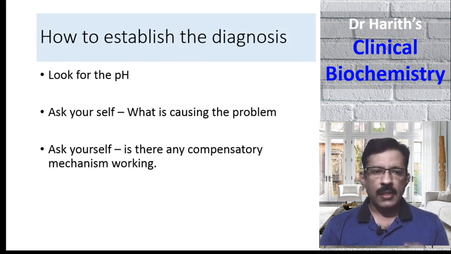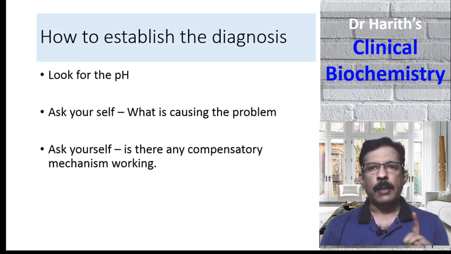The question we should ask ourselves is, rather than memorizing patterns and algorithms, we should understand the pattern based on logical activity and come to a working and logical conclusion. So when we look at an ABG report, there are three parameters we look for: the pH, the PCO2 and the bicarbonate ion concentration.